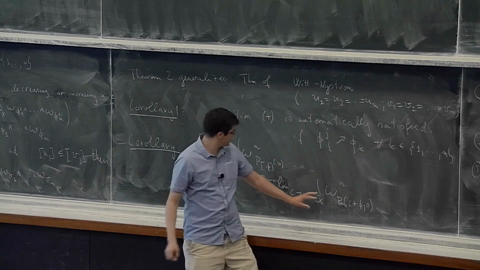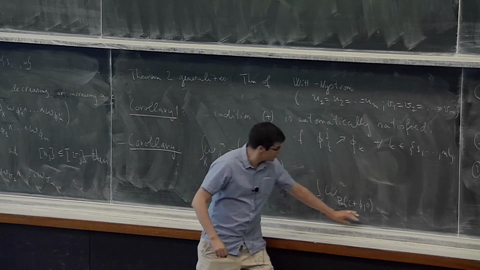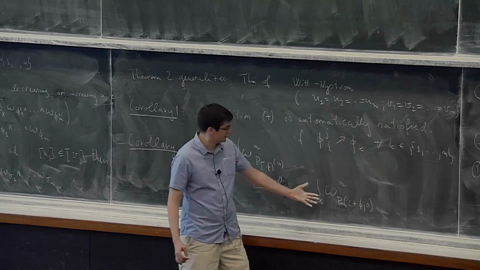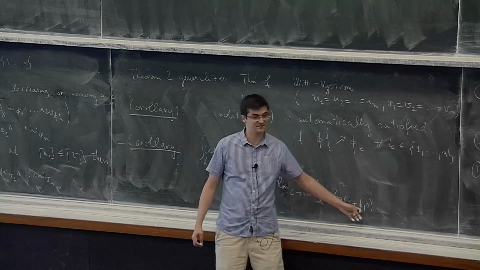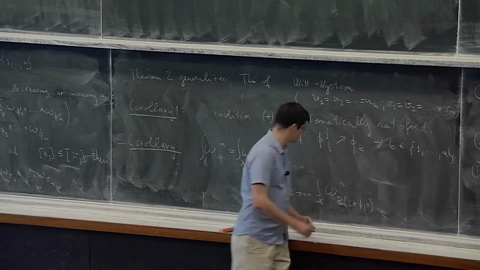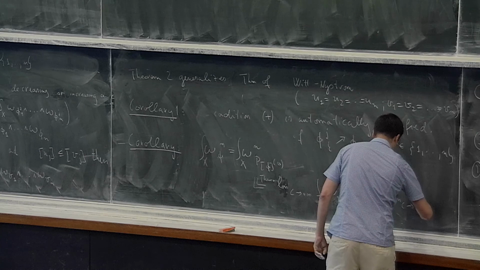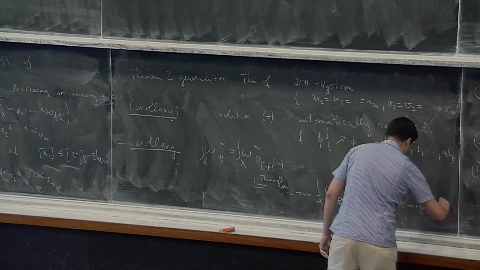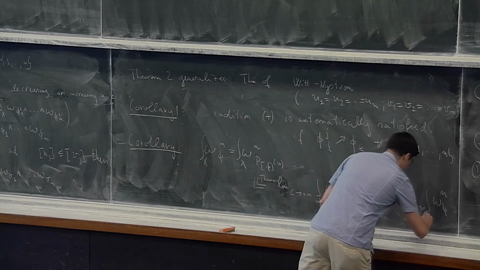Because in the beginning, I told you that you can interpret this as the increasing limit of these potentials. Now, it's easy to see that the singularity type of these potentials is the same as the singularity type of phi. So you just get that this is the limit as c goes to infinity, right? The limit doesn't depend on phi anymore.